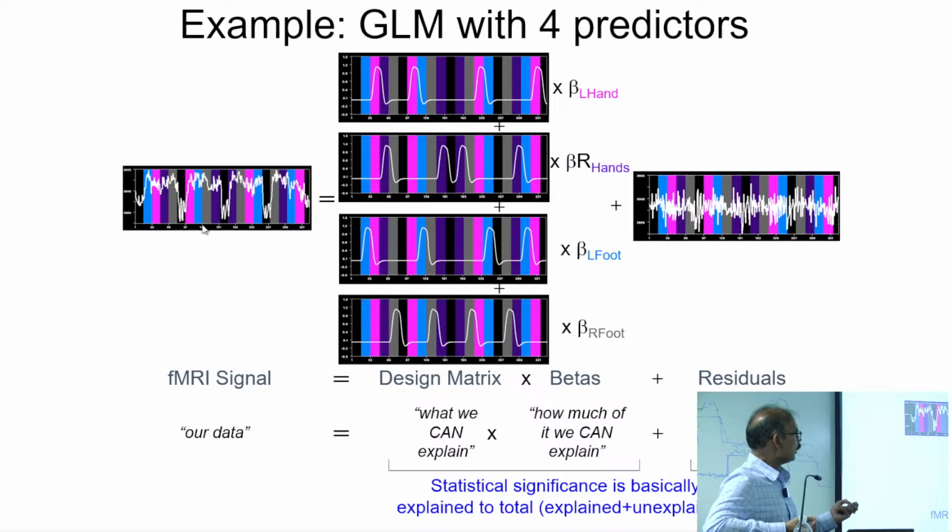While when you are doing a general linear model, you can have X equal to beta 1 times Y1, beta 2 times Y2, and so on. And then the residuals are things that we cannot explain. So for fMRI, the minimum number of residuals, like the default, is how many? From the two examples we did.